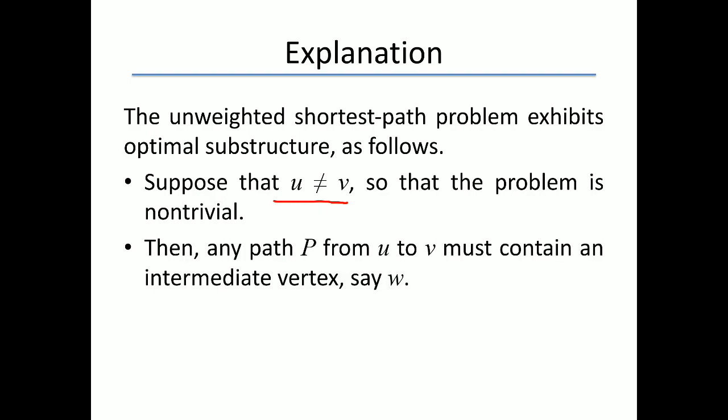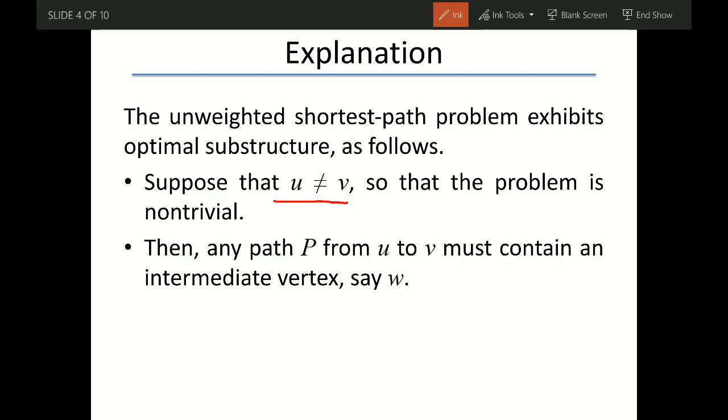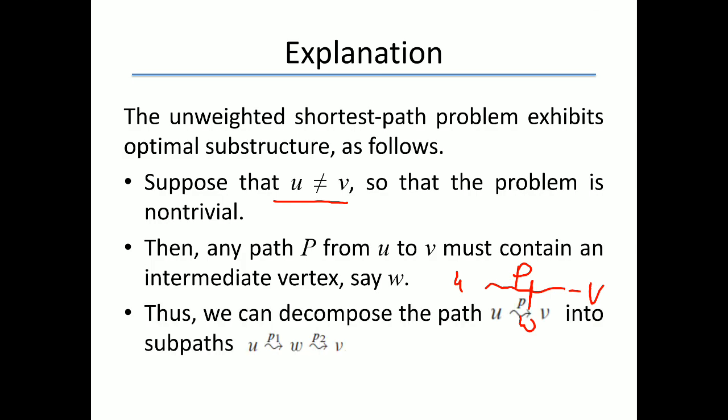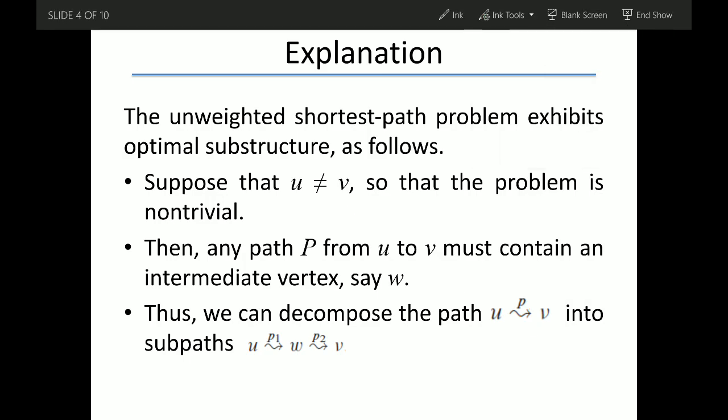Assume that there exists a path between U and V, and let's say this path is P. Then this path contains some intermediate vertex, let's say W. That is, we can decompose the path P from U to V into subpaths.